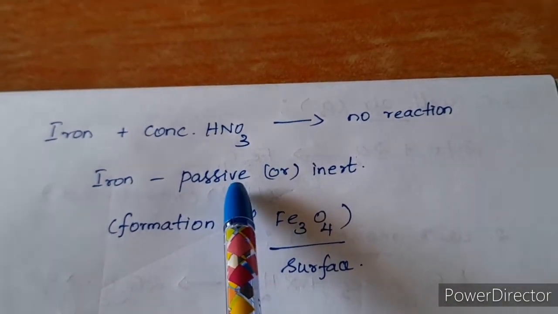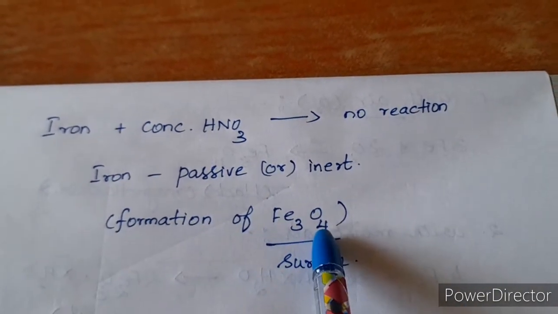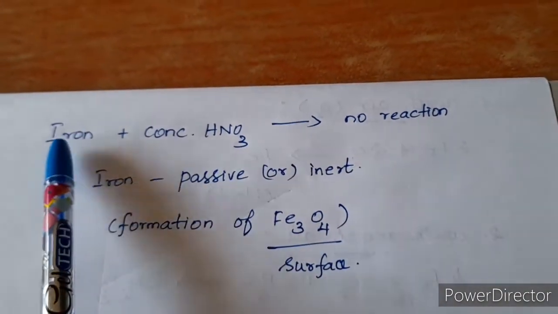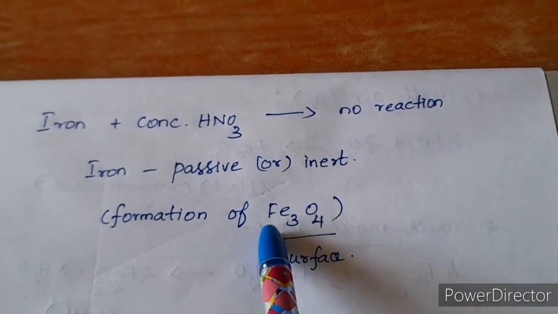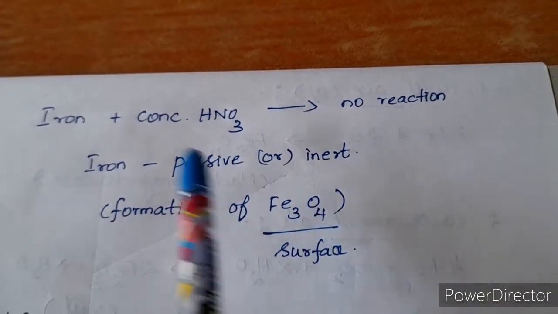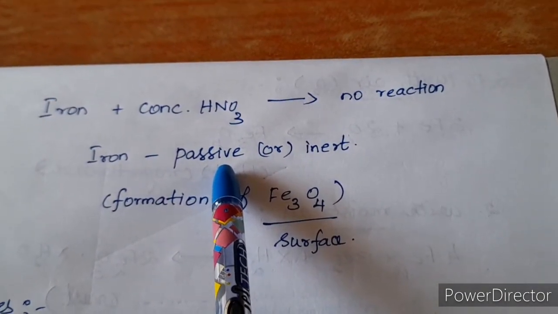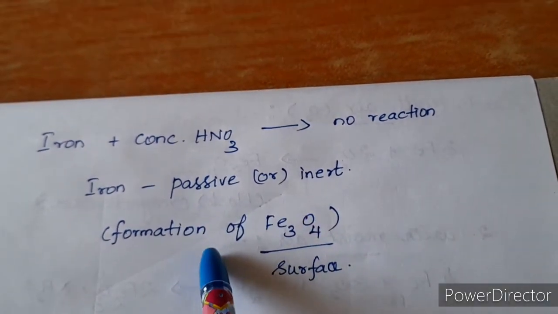It becomes inactive because of the oxide formed at the surface. When iron comes in contact with concentrated nitric acid, Fe2O4 is formed at the surface, which makes the iron inactive or passive, losing its ability to react further.